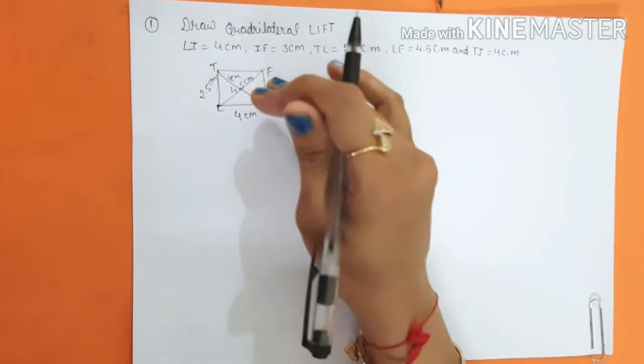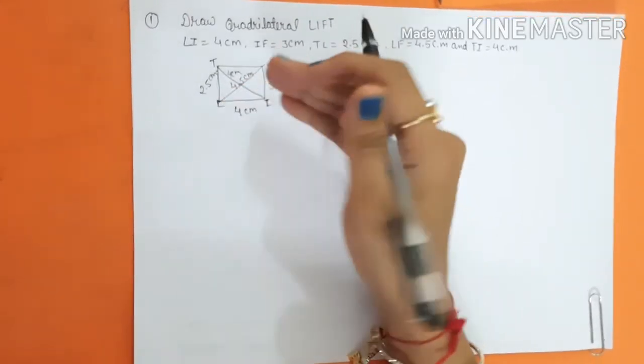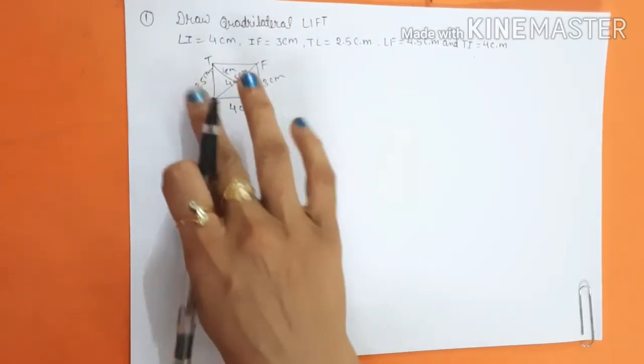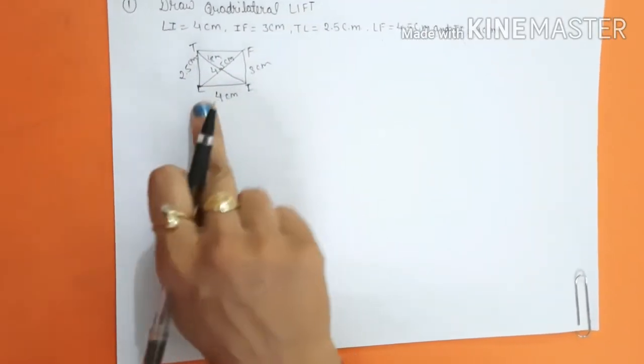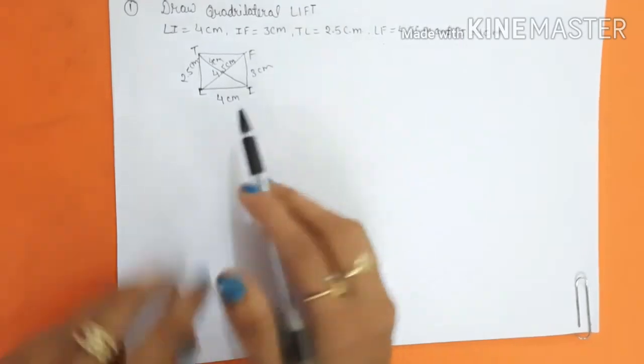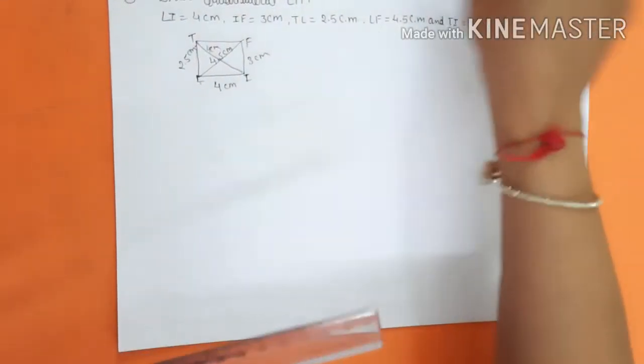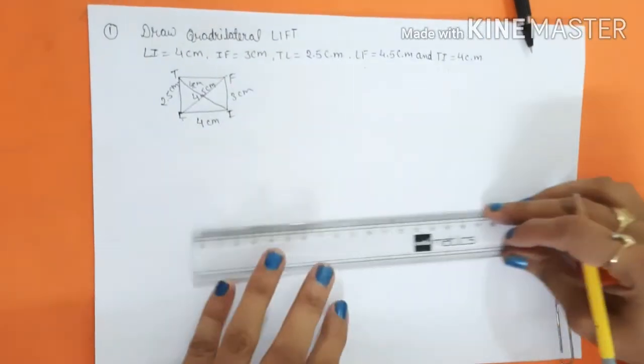In this construction also we can start from diagonal, but this time we'll start from sides because 3 sides are given. We can take one side as a base. Suppose we are starting from this side, LI. That means first we'll take LI 4 centimeter.